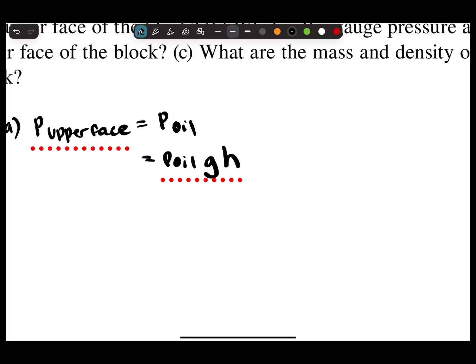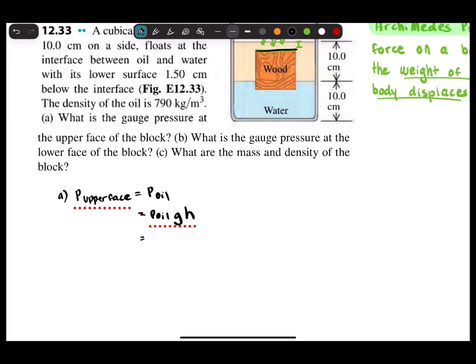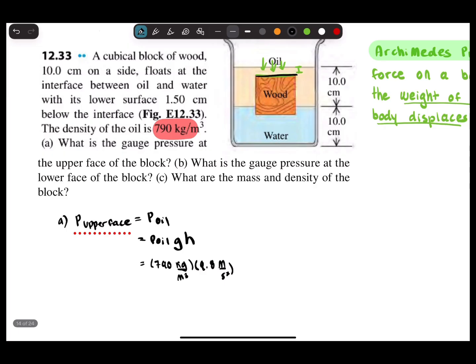So let's see, rho oil, the question tells us that the density of oil is 790 kilograms per meter cubed. We know what gravity is, 9.8 meters per second squared. We now need to figure out what this height is.